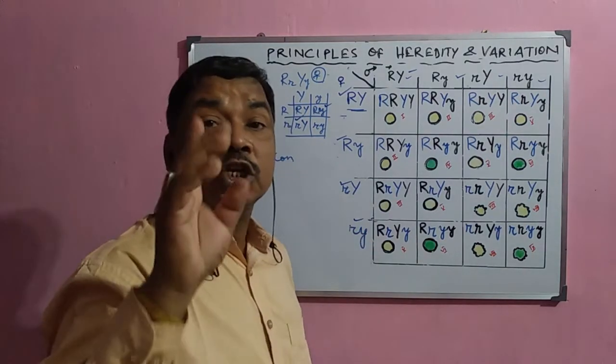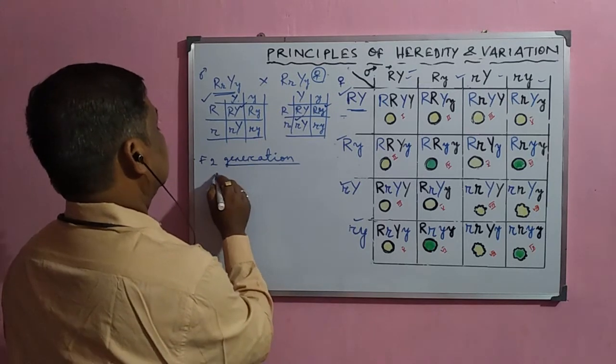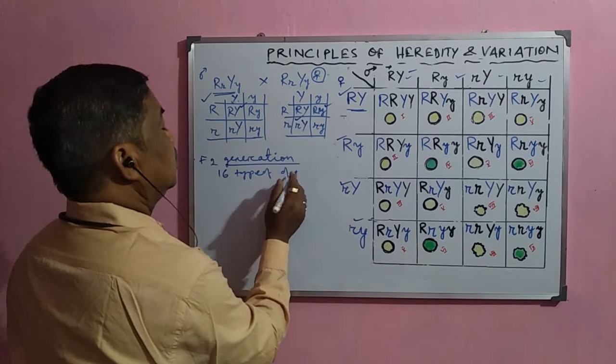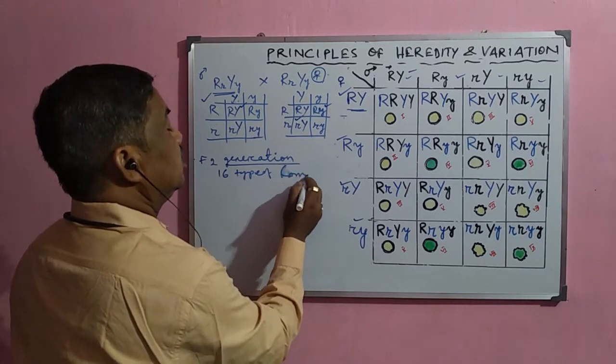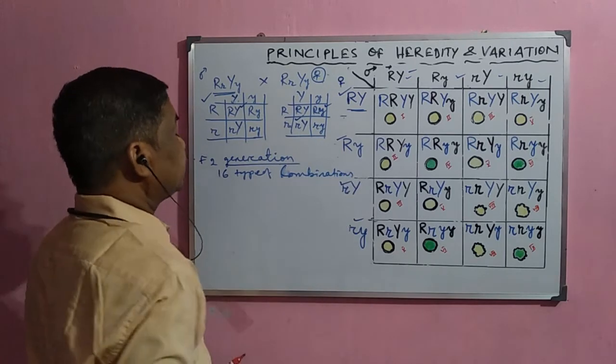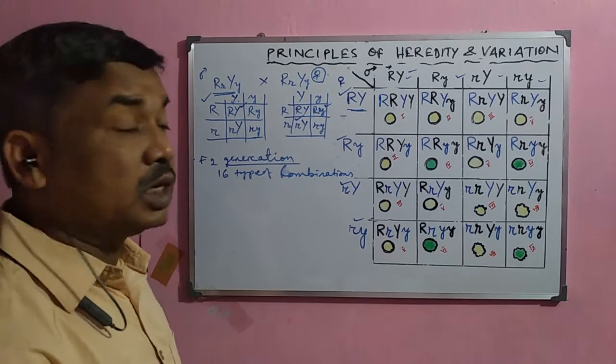Now, there are 16 types of combinations observed in the F2 generation. But what are the different combinations observed in the F2 generation?